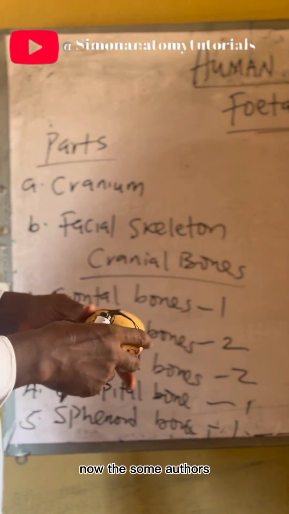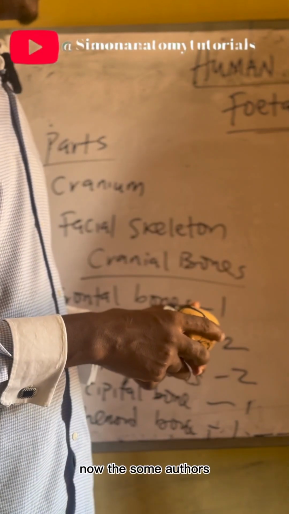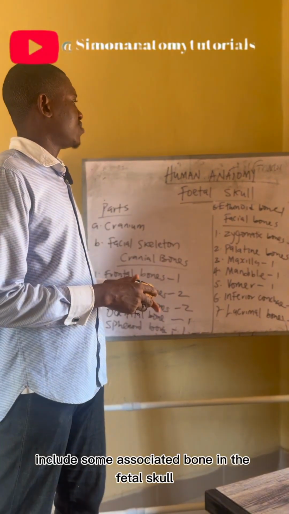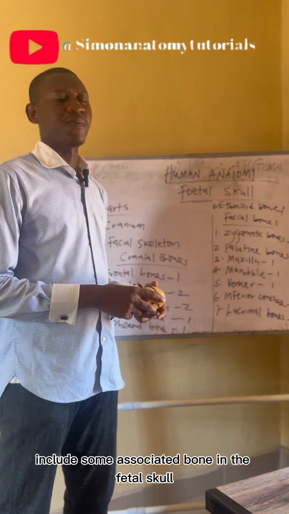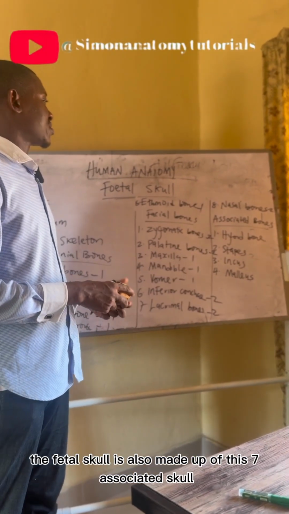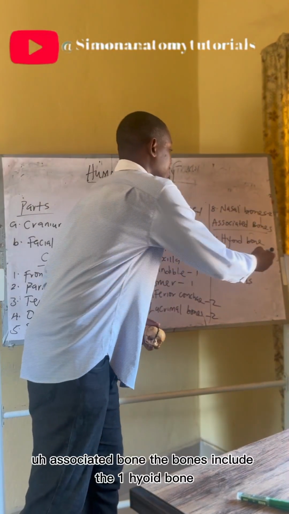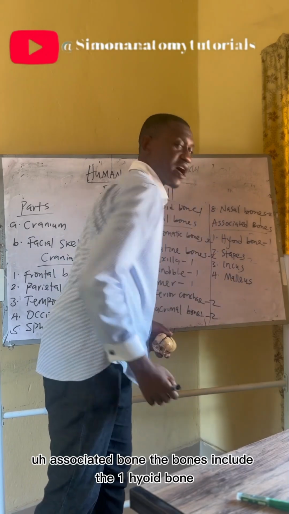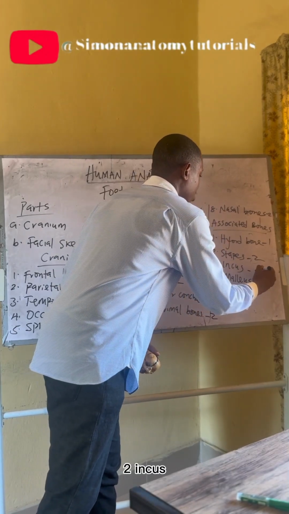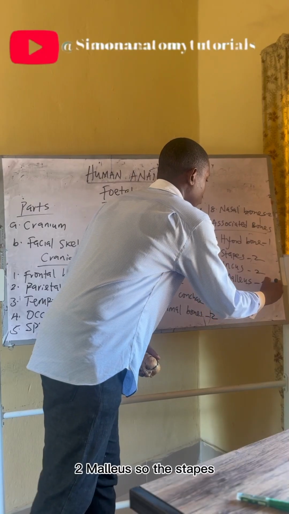The vomer forms part of the nasal cavity, while the inferior concha also contributes to the formation of the nasal cavity. Now, some authors include some associated bones in the fetal skull. The fetal skull is also made up of these 7 associated bones. The bones include 1 hyoid bone, 2 stapes, 2 incus, 2 malleus.